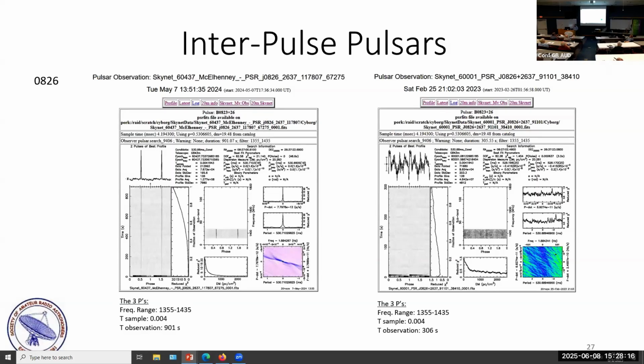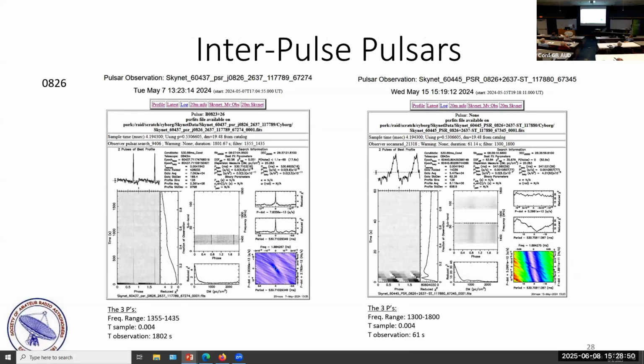We've got 4 comparisons. This one has 2 side by sides with a similar frequency range. Both have the same frequency, and both have the same integration time. The only difference is that the one on the left has a longer observation time, and look how much better it is.